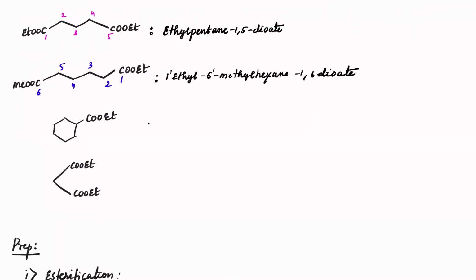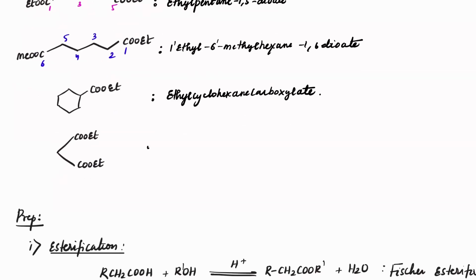Next, here this is also ethyl and cyclohexane, complete name, and then COO minus becomes carboxylate: ethyl cyclohexanecarboxylate. Next, here also we have ethyl twice, so diethyl malonate, because it is coming from malonic acid, it is usually called malonate. Dimethyl malonate, diethyl malonate.